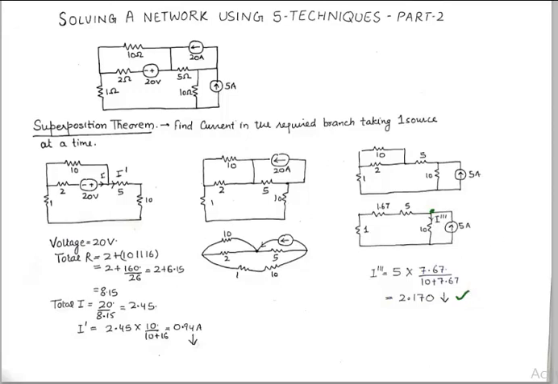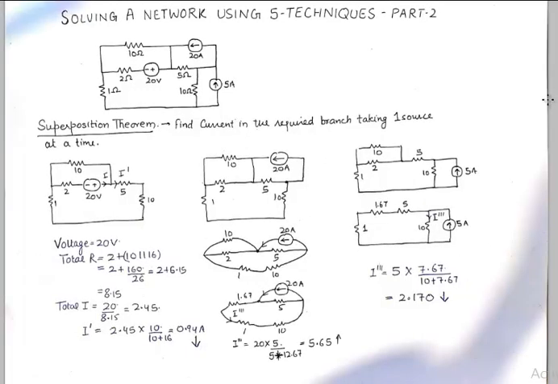Now when we get to the third network, we need to further reduce this network's resistors into 1. So I get 1.67, 10 parallel 2 gives me 1.67. So when the 20 ampere current enters this node, it has 2 branches where it can go.